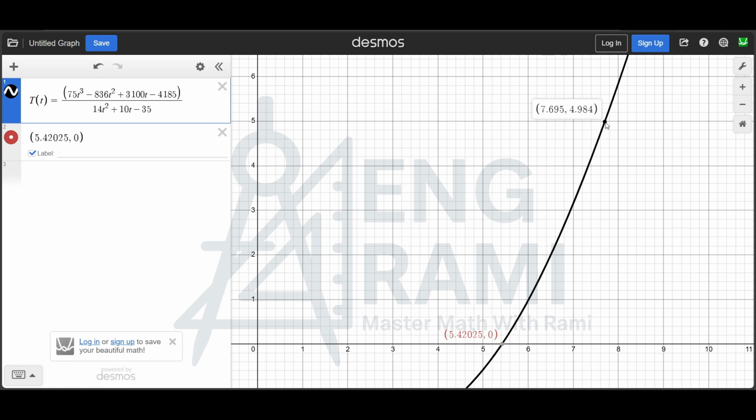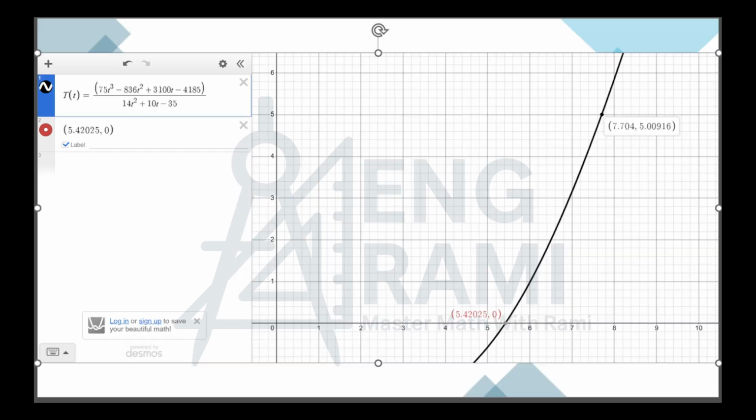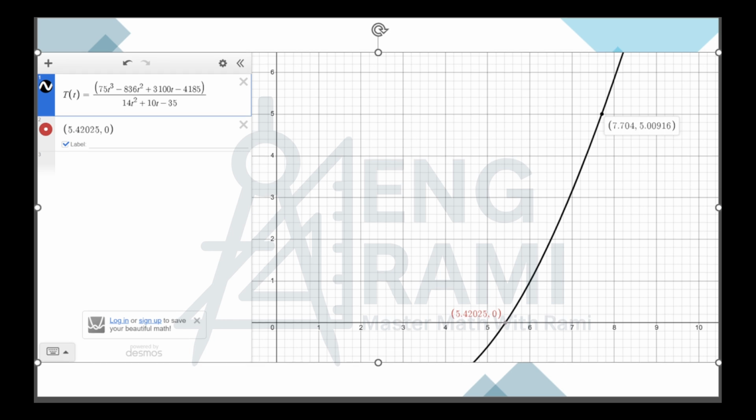So we want to find the other point, which is 5. I'm trying to get 5 as much as I can. For this point, the y-axis is the temperature, 5 Celsius. I'm thinking just to take a print screen and go back to the PowerPoint. Then, as you can see here, we have 2 points. I'll change the color and choose blue.